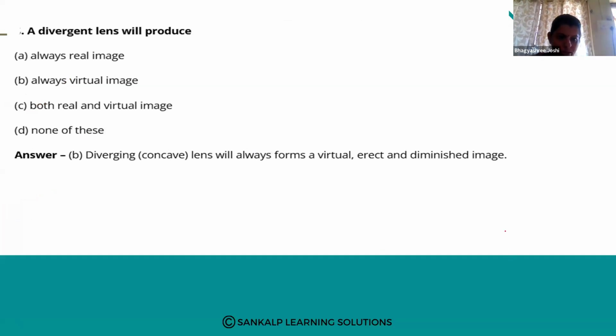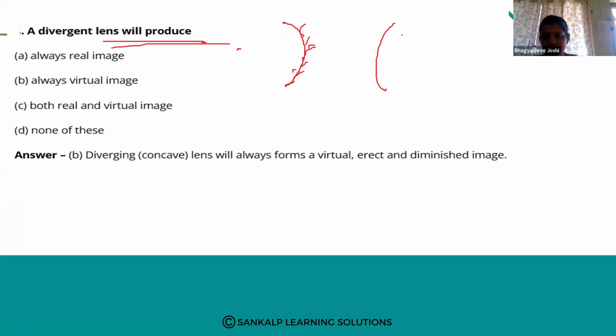A divergent lens will produce: always real image, always virtual image, both real and virtual image, or none of the above. Okay. Divergent lens means which lens are you calling a divergent lens? In case of mirrors, this is a concave mirror and this is a convex mirror.